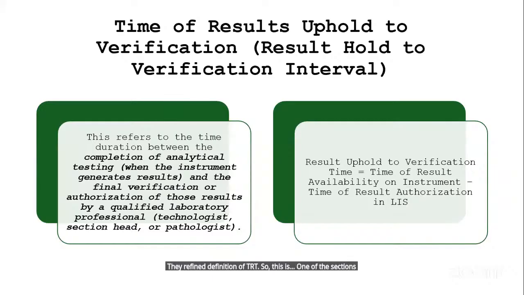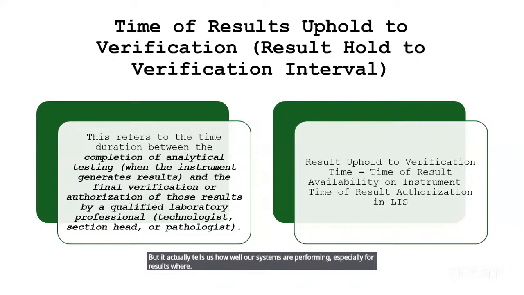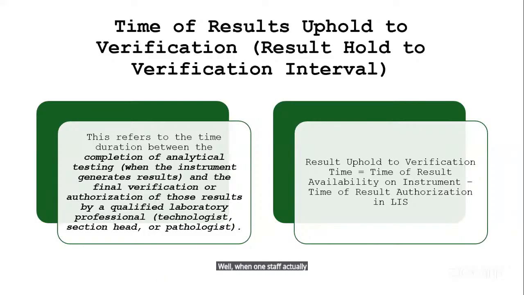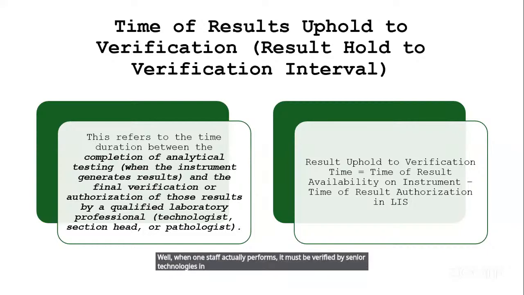We are looking at the time of result hold to verification. A very important subject that most of us usually ignore, but it tells us how well our systems are performing, especially for results where, when one staff performs the test, it must be verified by senior technologists in that lab or senior pathologists before that report is released.